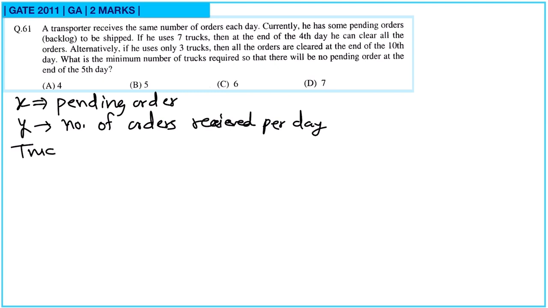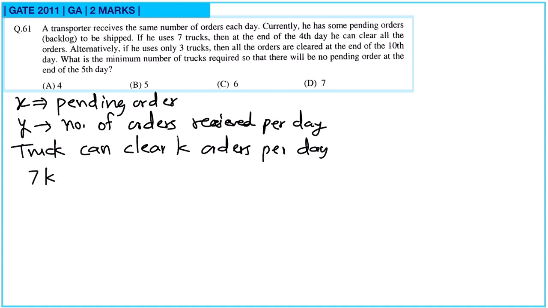And let us assume a truck can clear k orders per day. Now according to first condition, if he uses 7 trucks, so then 7 trucks can clear k orders in 1 day, and for 7 trucks 4 days are required, so 7k into 4.